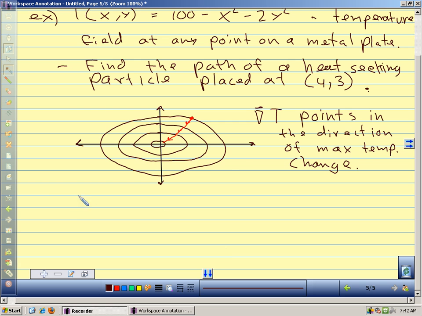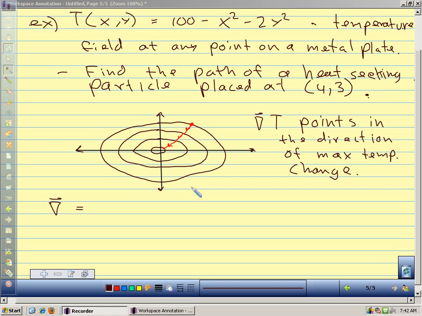So let's calculate our gradient. Del T is going to be what? Minus 2x i minus 4y j. Now we want to find the path. So we're going to want some kind of expression for the path of our particle.